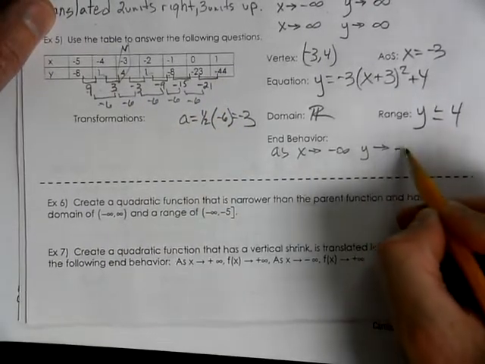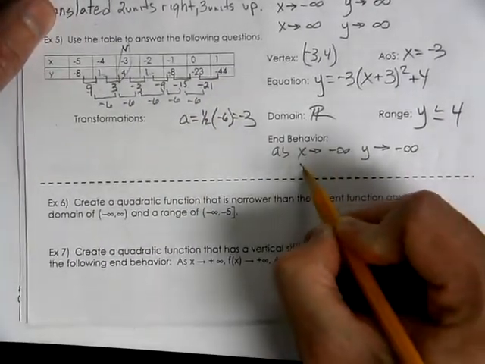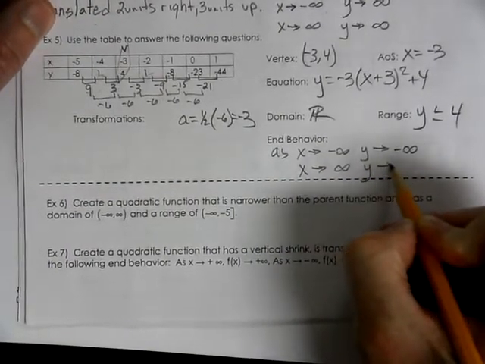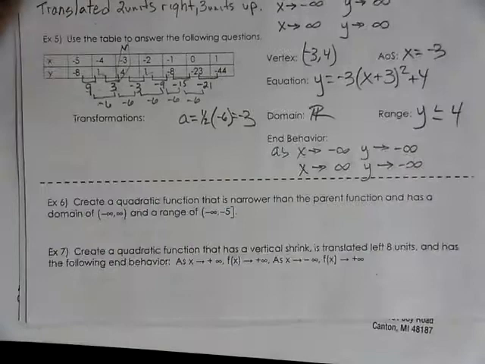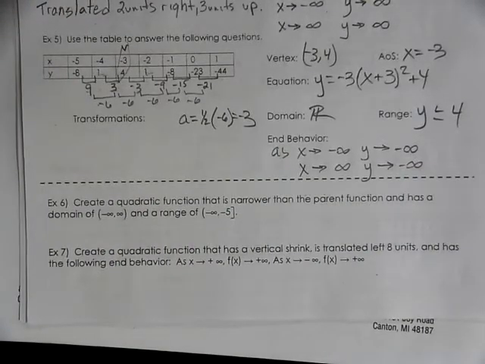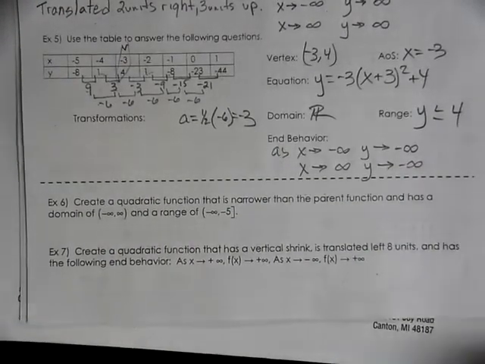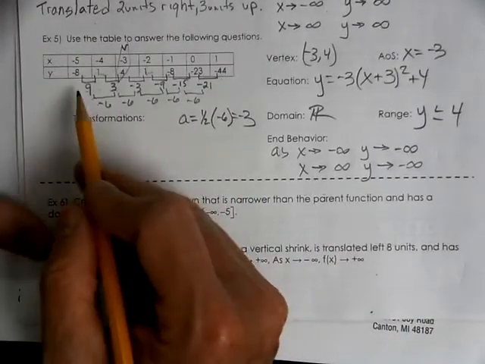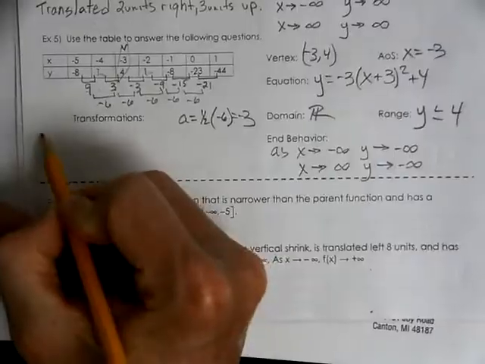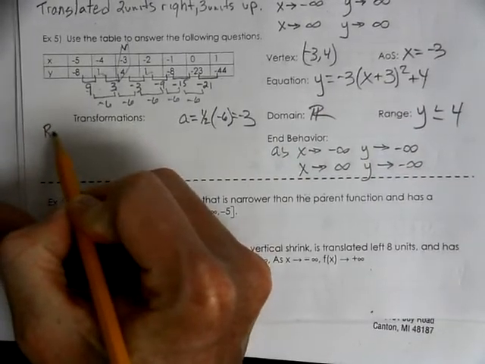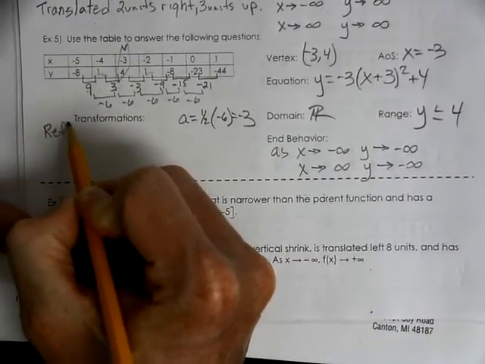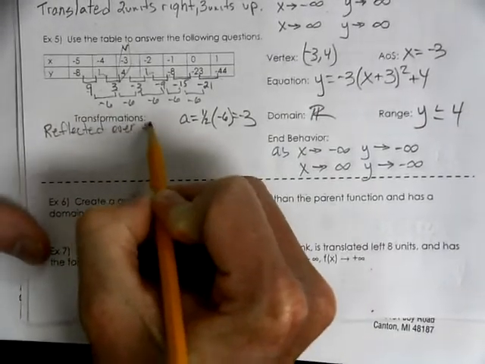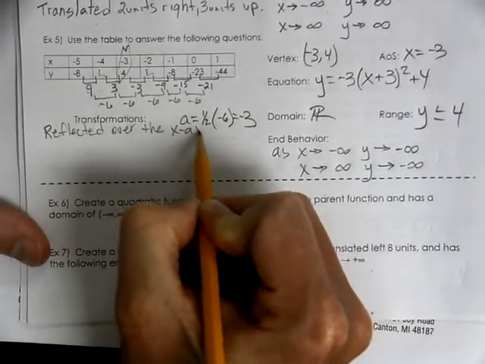It's going to negative infinity. Good. And our transformation, because our equation has a negative value in front of the a, we are reflected over the x-axis.